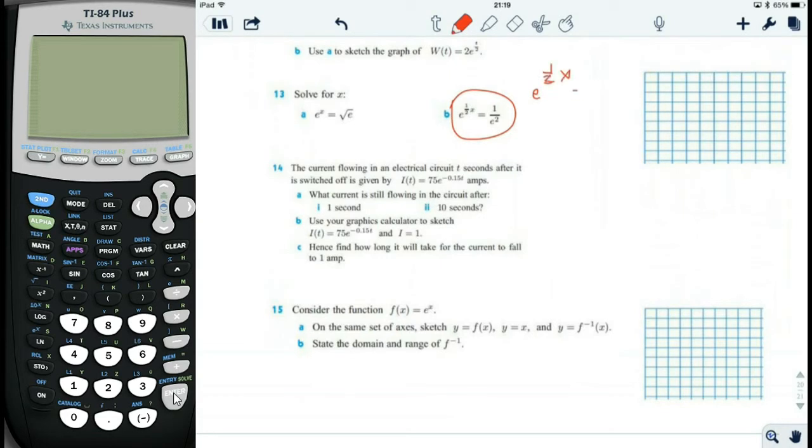What we're trying to do here is get the same base so that we can equate the exponents, right? 1 over e squared is the same thing as e to the negative 2, right? Now that we have the same base, we can equate the exponents. So 1/2 x equals negative 2. And so now we multiply both sides by 2, and then we'll get x equals negative 4. So that's the answer. x equals negative 4. Okay.